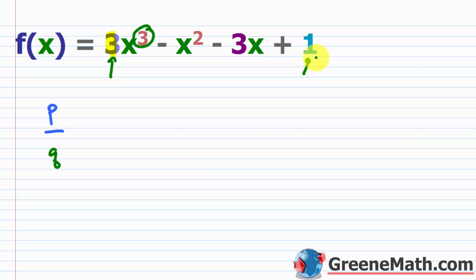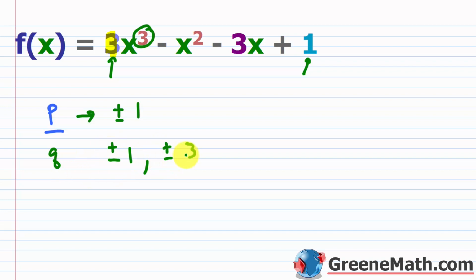In this case, 1 only has positive 1 and negative 1 as factors, so plus or minus 1. And Q is a factor of our leading coefficient, which is 3. Since 3 is a prime number, that would be plus or minus 1 and plus or minus 3. You've got to include all these different signs. So you do plus or minus 1 for the P, and for Q you have plus or minus 1 and plus or minus 3.